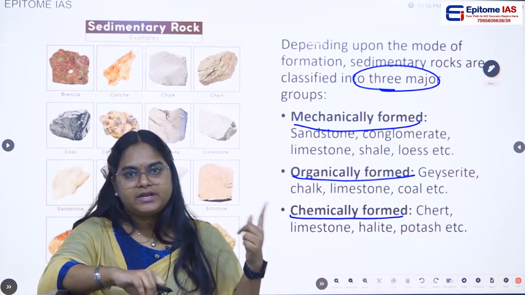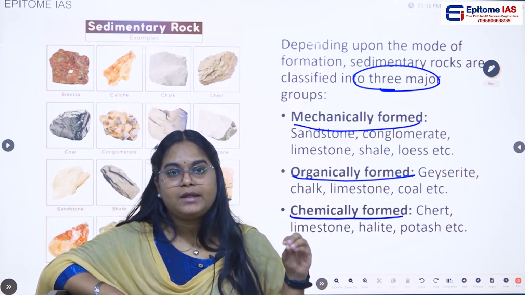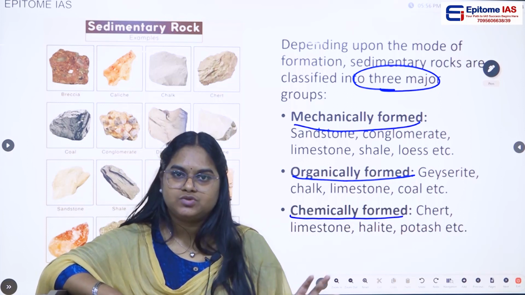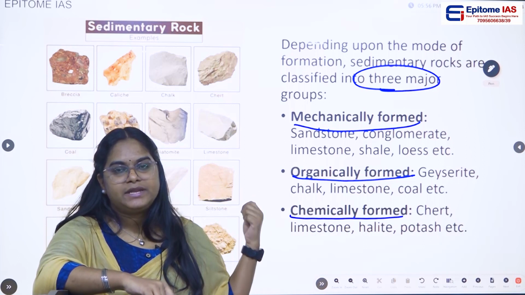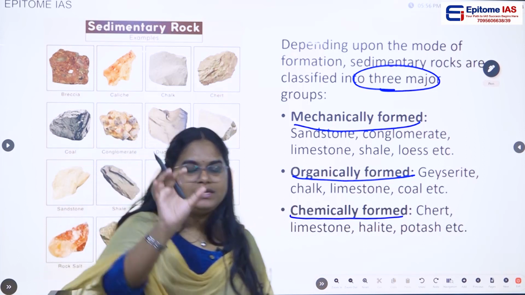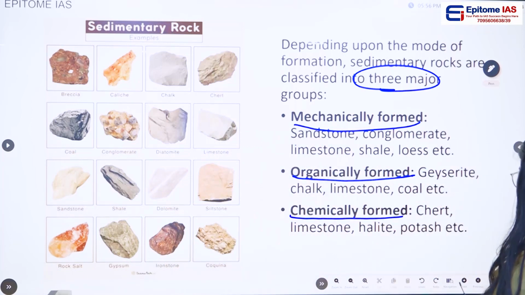So based on these different natural things that happen, they are going to react in a particular way, and some sort of chemical reaction is going to happen. And due to this chemical reaction, these sedimentary rocks are formed, and these sedimentary rocks are called the chemically formed sedimentary rocks. So these are the three types of the sedimentary rocks.